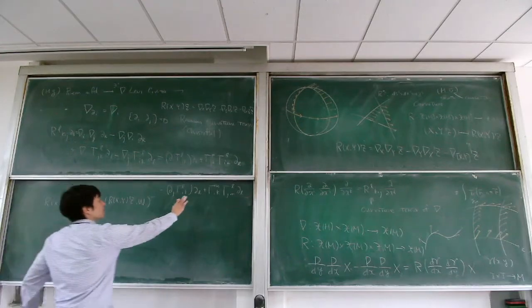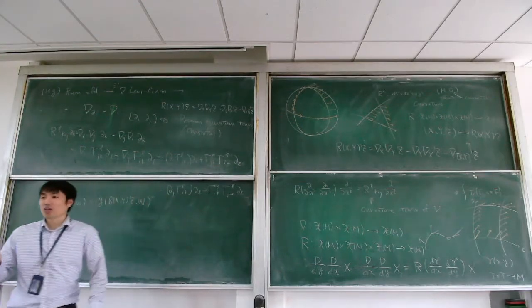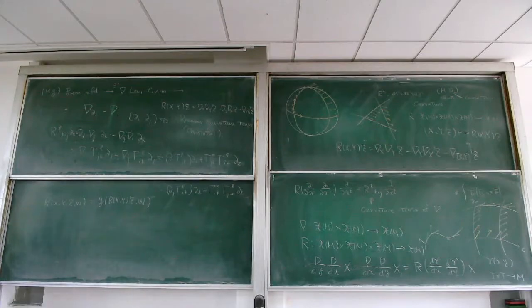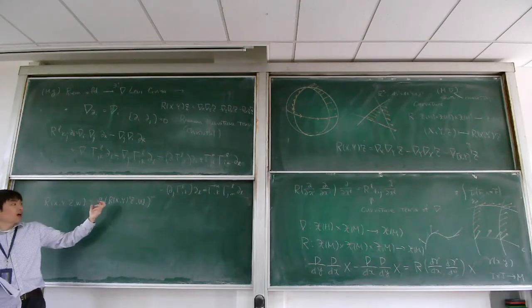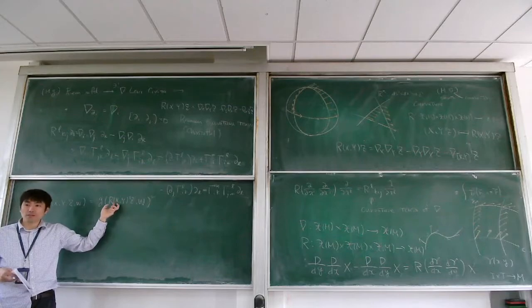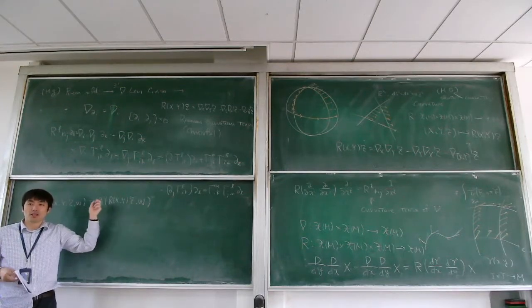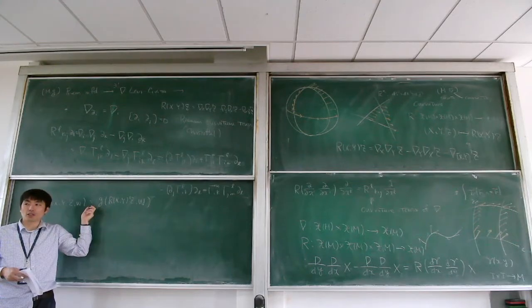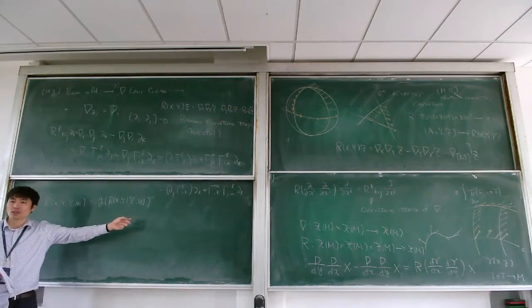Oh, minus. Thank you very much. Yeah, you should tell me if you have noticed. So I just introduced the quadruple of vector fields as a function. Now this is a function. Okay. Since R(X, Y)Z is a vector field, and this is a vector field, and take inner product with respect to the metric. Okay, it's a function.